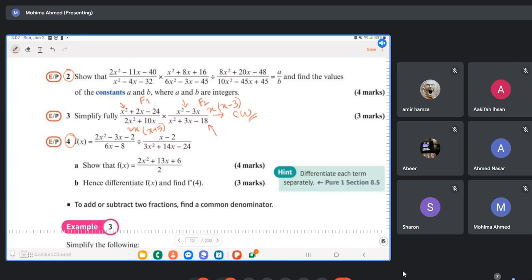Abir, send me another working. Hmm. That should be x minus 4 on this, right? Or you can also write in the previous formula, like 2x plus 5 in the denominator. That is also right, okay, for Abir.